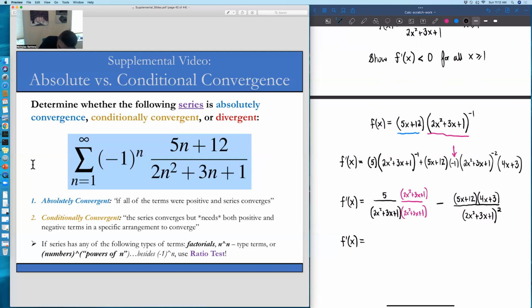So let's do this slowly here. We multiply this 5 and the 2x squared plus 3x plus 1. So from this term, we'll get a 10x squared plus 15x plus 1 minus, and let's distribute all of this stuff on the right-hand side. So 5x times 4x gives us 20x squared. 5x times 3 gives us a 15x.